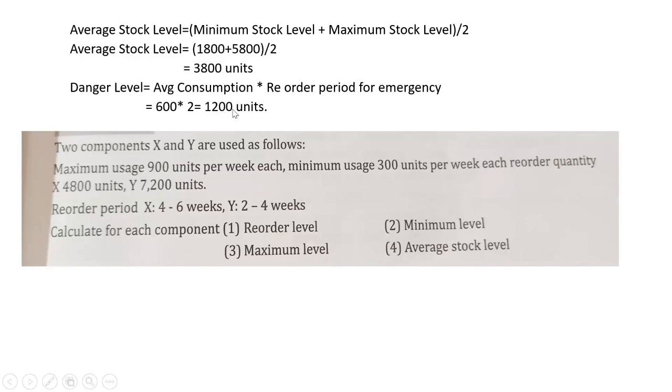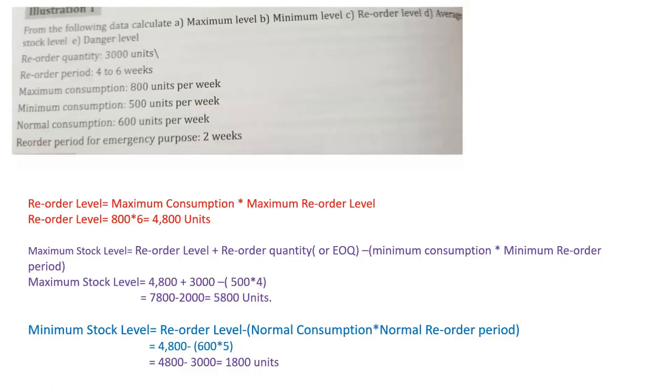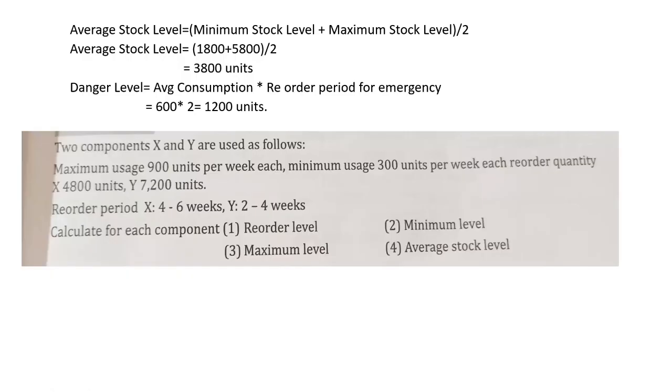Okay. So this is how to calculate the stock levels. Mainly reorder level, maximum, minimum, and average, these you can see in the question papers. But if they ask for the danger level, then this is the formula. If they have given normal consumption, consider this.